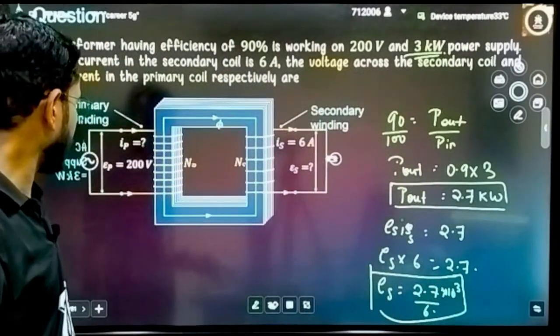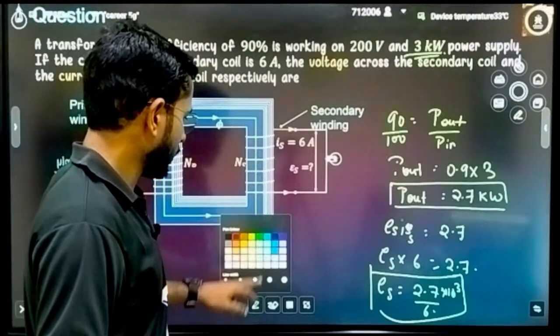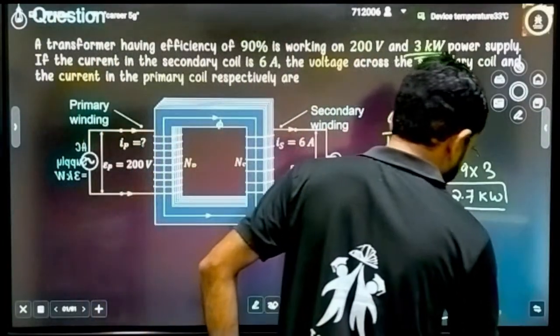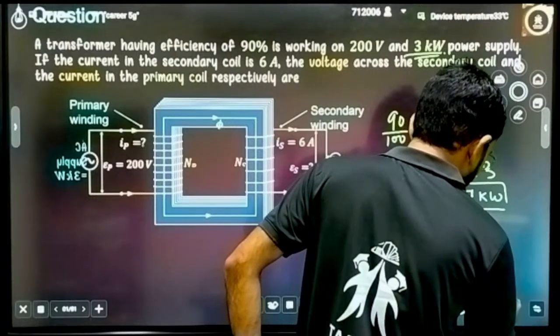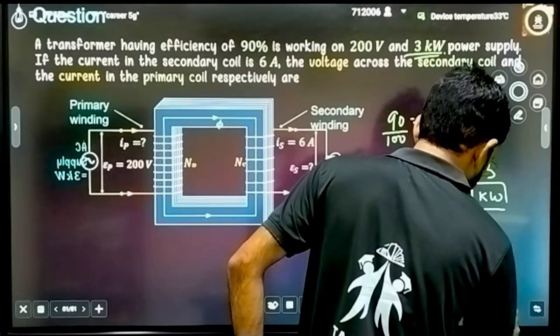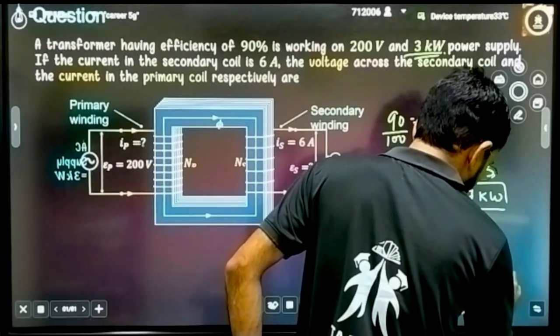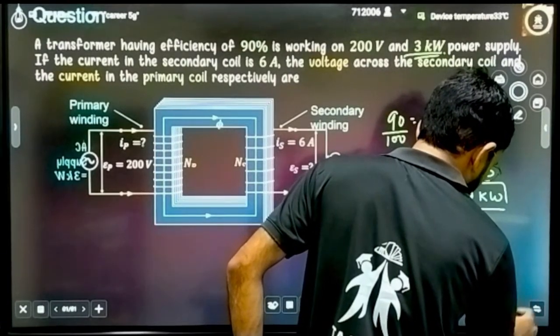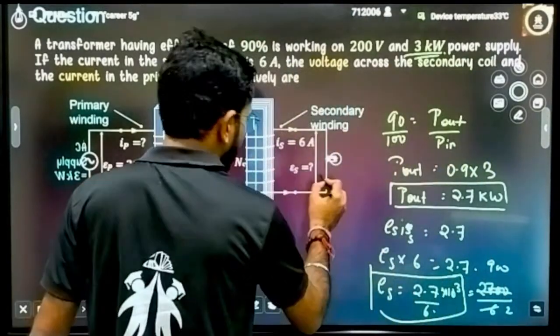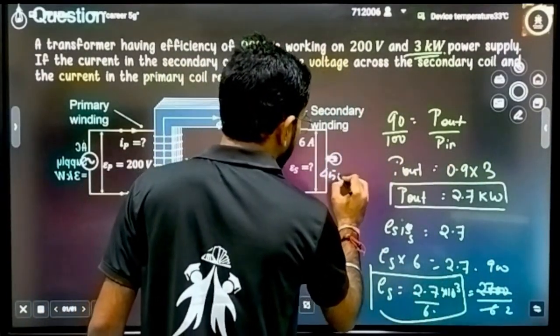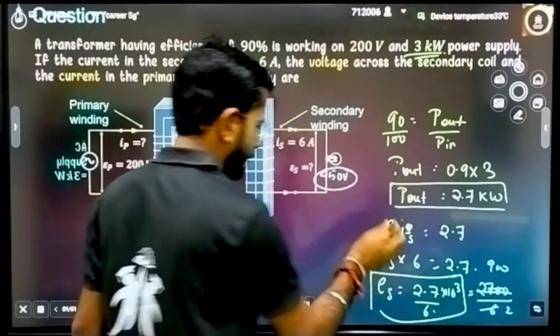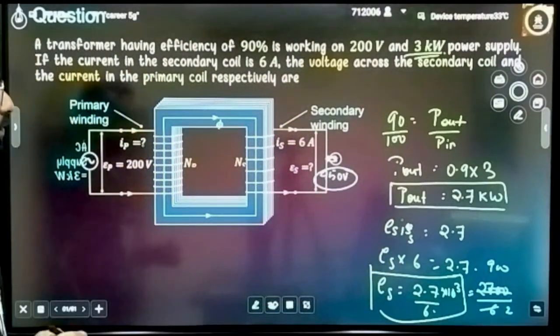So how much EMF will it be? It will be 2700 divided by 6. If you cancel it directly by 3, it becomes 900 divided by 2. That means the EMF in the secondary circuit will be equal to 450 volt, if the calculations are clear. Check it once again. That is the first thing.